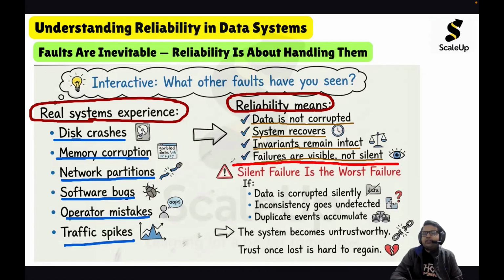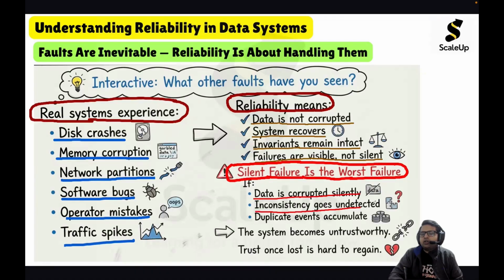Because silent failure means we will not be able to handle it, and visible failures mean we know that a failure occurred and we can at least try to handle it or try to recover from it. And why is silent failure the worst failure? Because if data is corrupted silently, it is very dangerous.